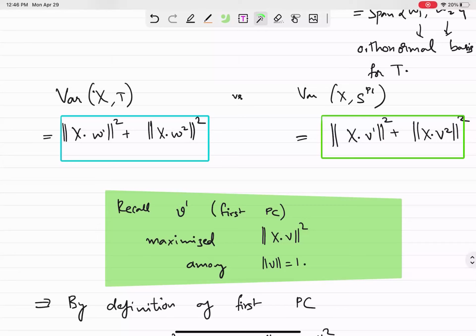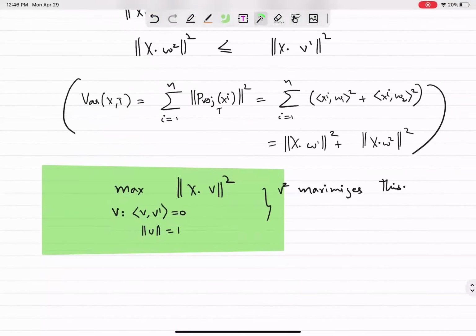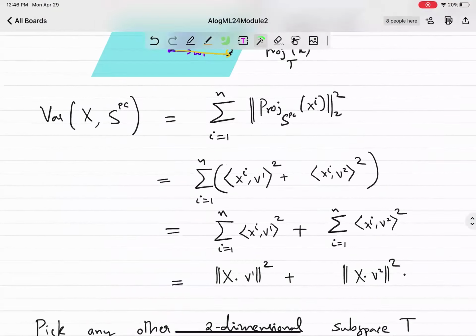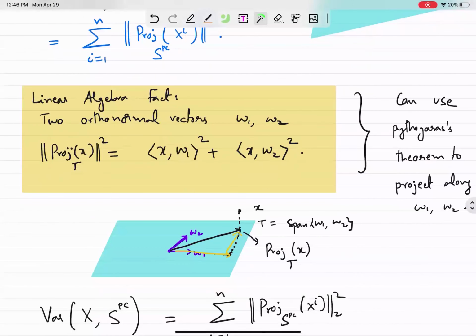I can pick many, many different bases, and one of those bases need not have this problem. So the way we get around this is, again, to use linear algebra: for any subspace, there are many, many different orthonormal bases.